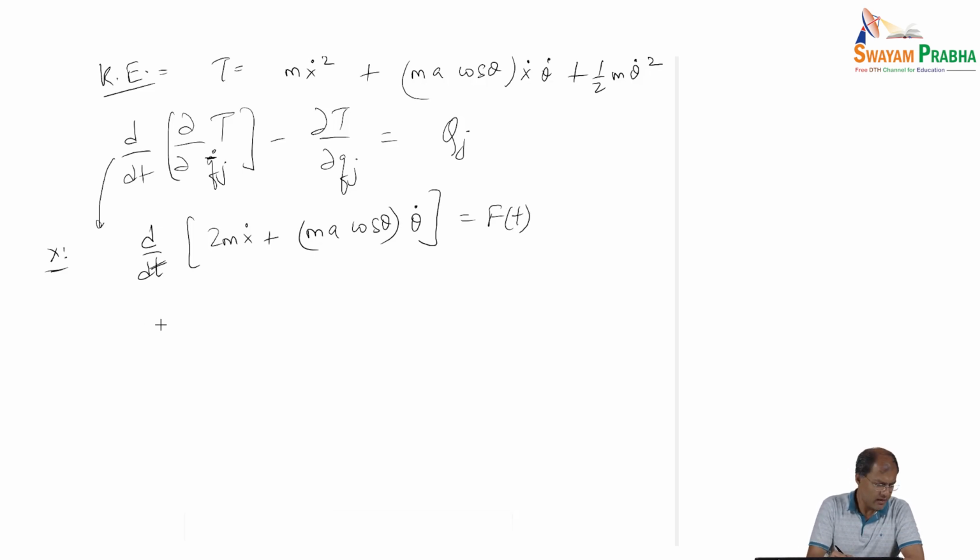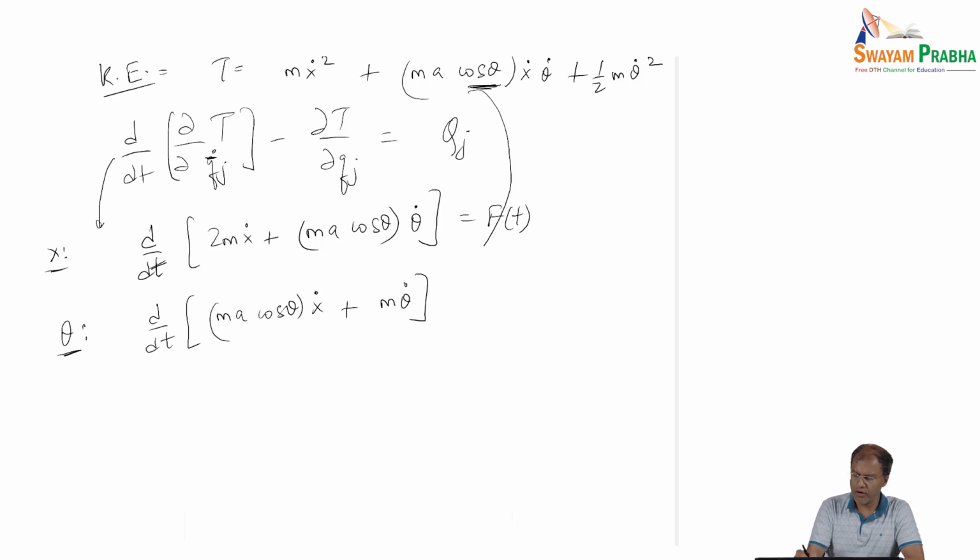The second equation of motion is d/dt of m a cos theta times x dot plus m theta dot, and then of course we have to differentiate with respect to theta. So this is my theta coordinate Lagrange equation.